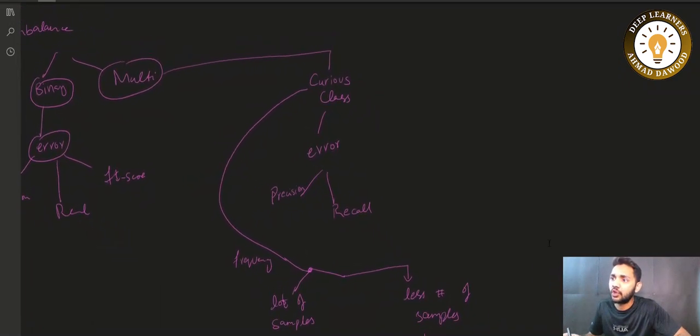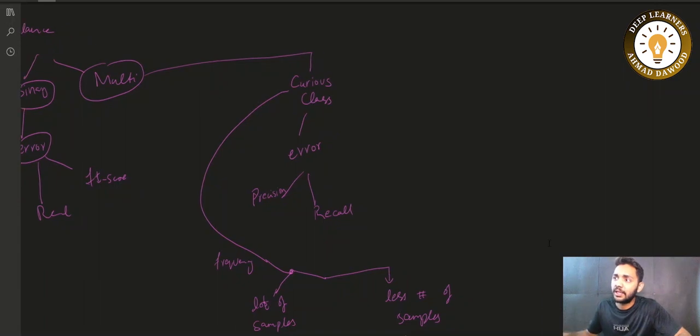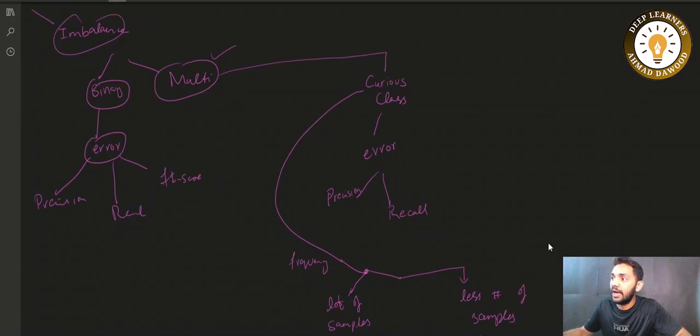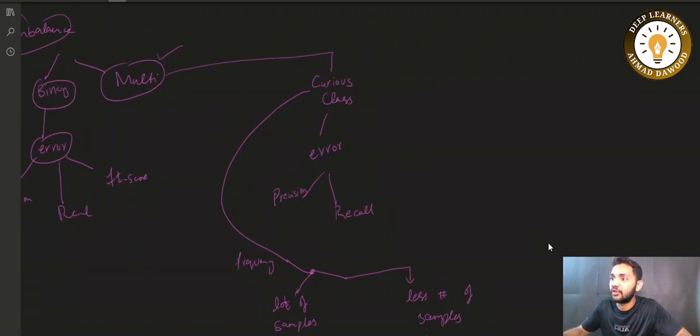And if you say all classes are equally important for you in the multi-class case, your dataset is imbalanced, and you have a multi-class problem, and you say that all classes are equally important, or all errors are equally dangerous for you, you can use F1 score.